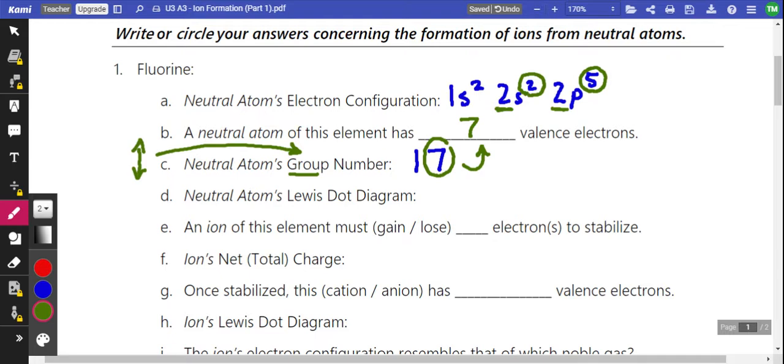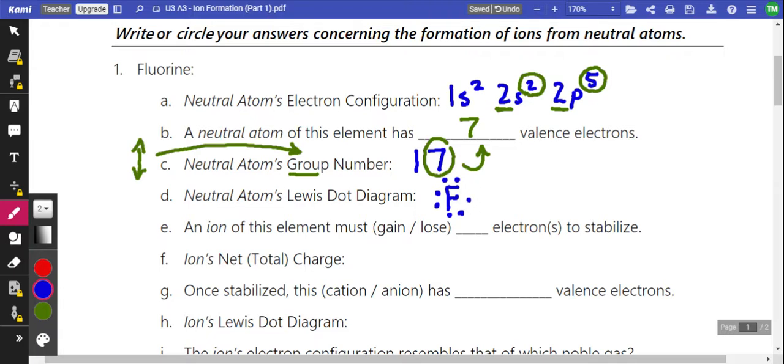Okay. So if I were to draw a Lewis dot diagram for a neutral atom of fluorine, I'd put an F here. That's my fluorine. Okay, and I'm going to give it 7 dots for its 7 valence electrons. So 1, 2, 3, 4, 5, 6, 7 valence electrons there.